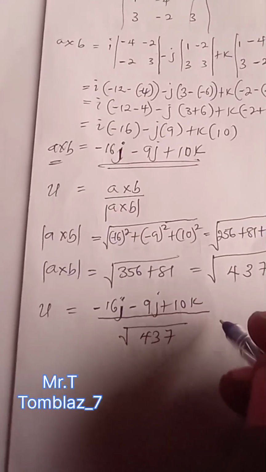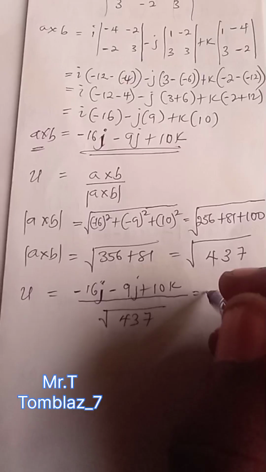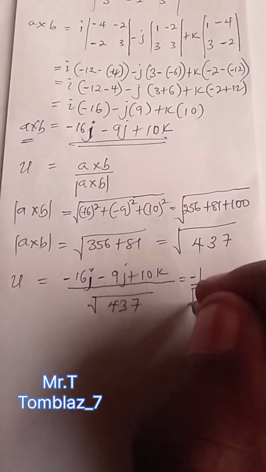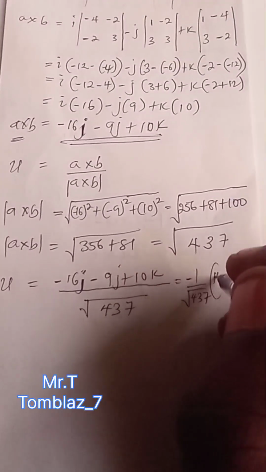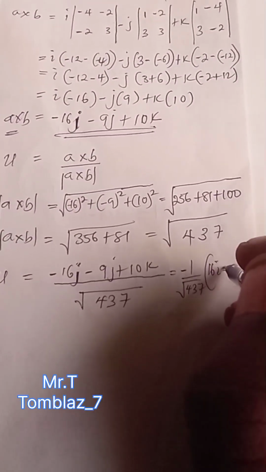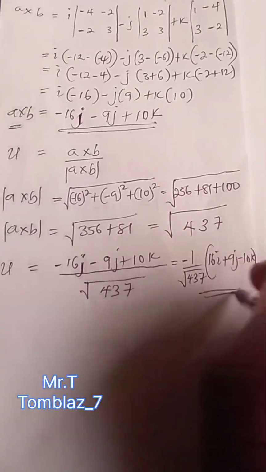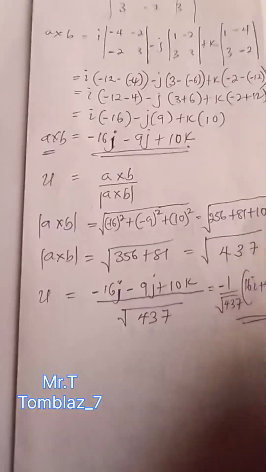Okay, so we've gotten that one. You see, we can always rearrange it as this. If I take minus out, 1 over square root of 437, then I can have 16i plus 9j minus 10k, just to make the equation look better.